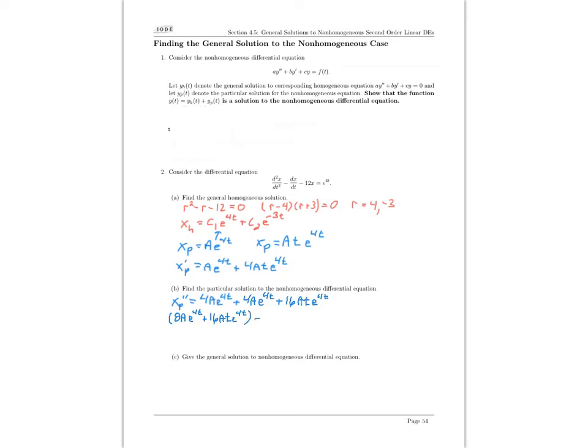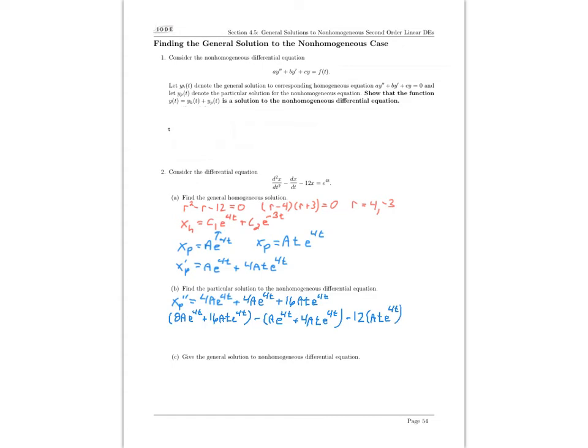And then I'm going to get minus x_p prime, which is a e to the 4t plus 4at e to the 4t. And then we're going to subtract 12 times x_p, which we started with as a t e to the 4t.